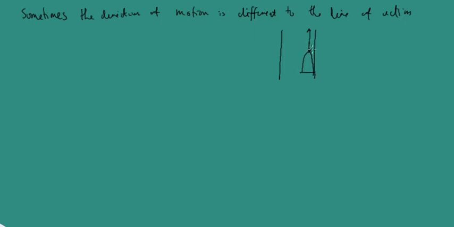But the force is caused by a pulling force on a tow rope. And we have the contact force of the boat along the side of the canal. And this is the direction of motion.